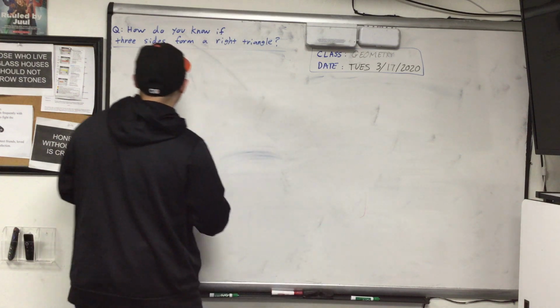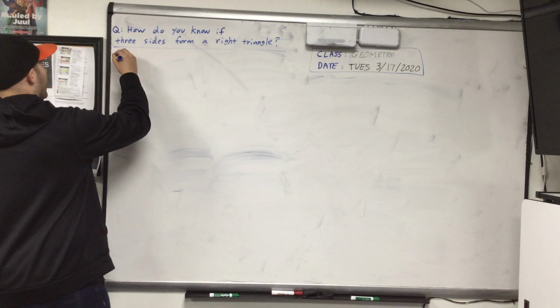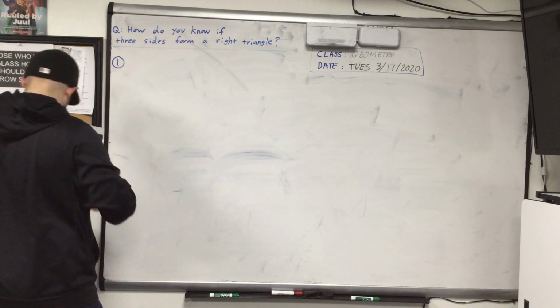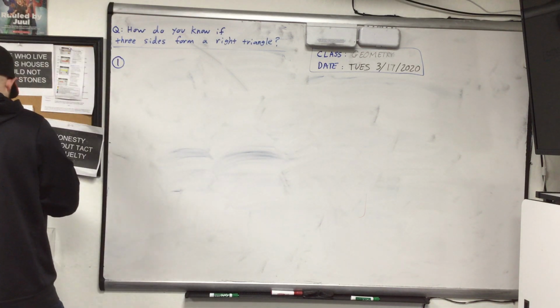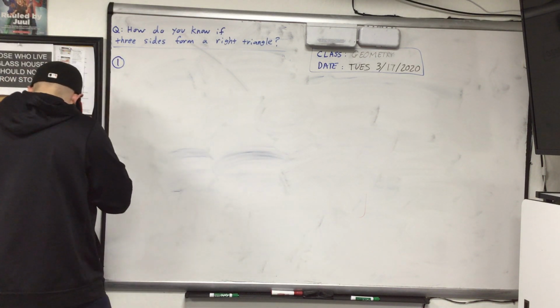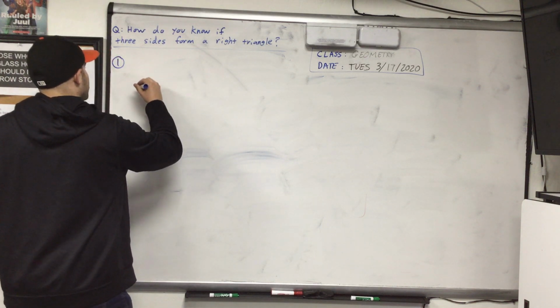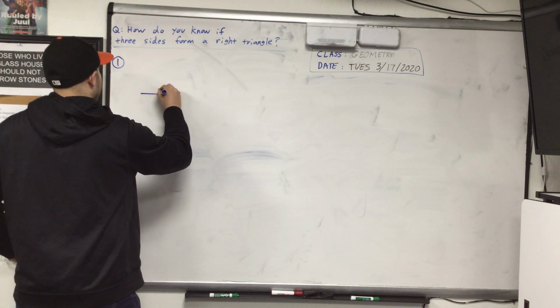So, do these side lengths form a right triangle? Number one, let me make sure that I got the problems all set up for you. All right, number one: 5 inches, 12 inches, 13 inches.